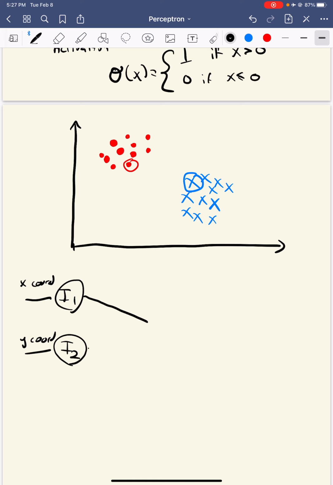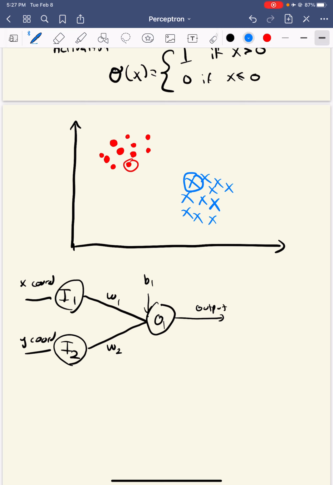This one will be even simpler than the one we just drew, so there's only going to be one output. We have some weight, we don't know what that weight is yet, and we don't know what this weight is yet, and we don't know what this bias is either. So this is our output.